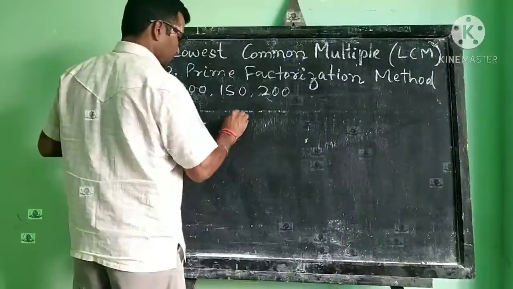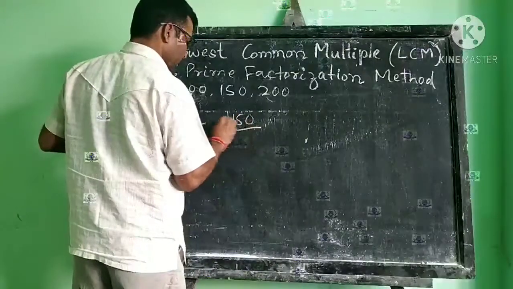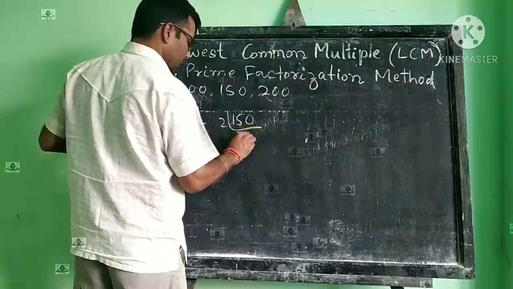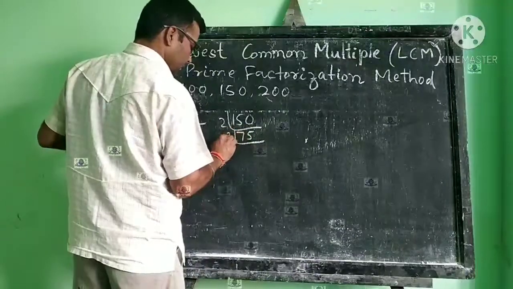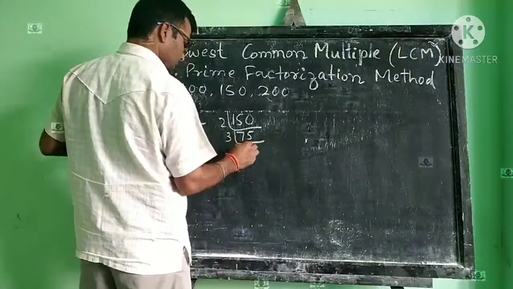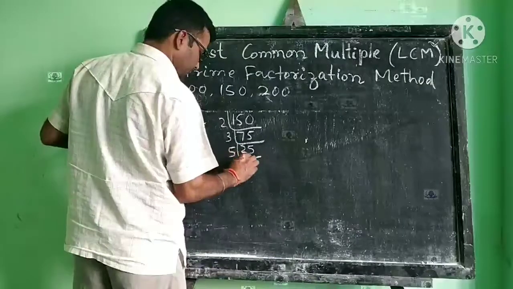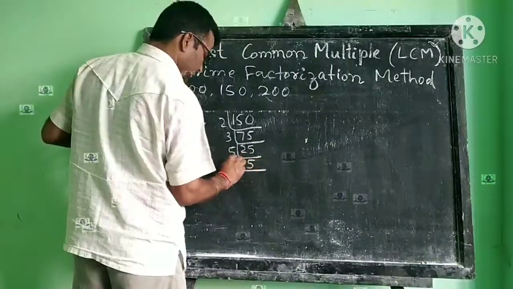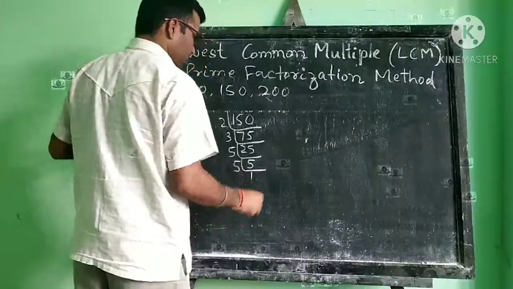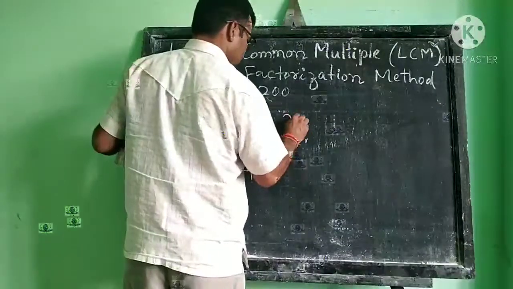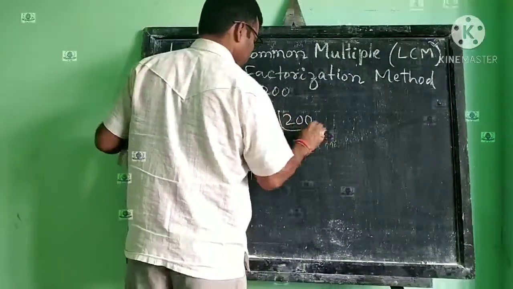In this way 150: 2 7s are 14, 2 5s are 10, 3 2s are 6, 3 5s are 15, 5 5s are 25 and 5 1s are 5. In this way you can find the prime factors of 200 also.